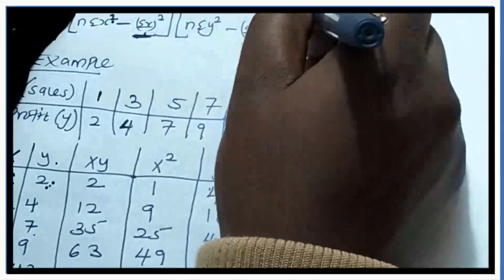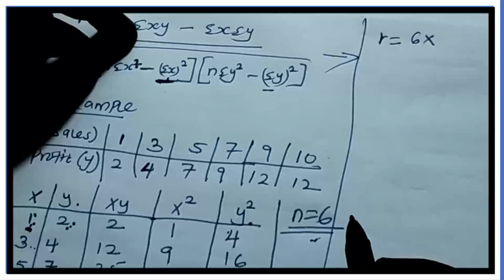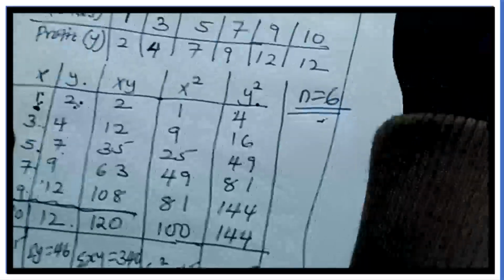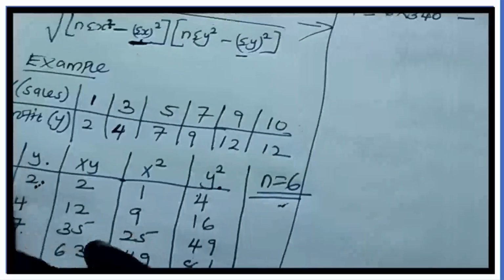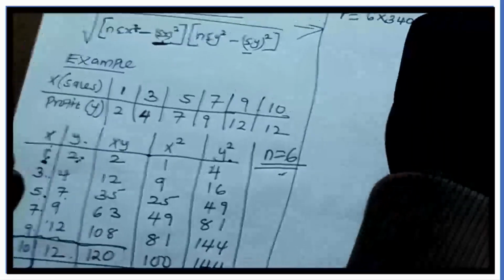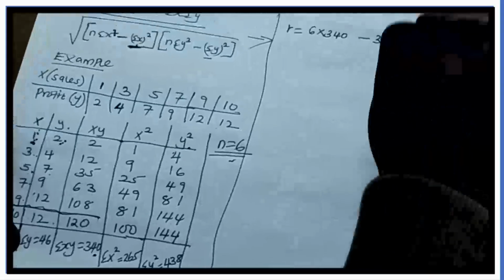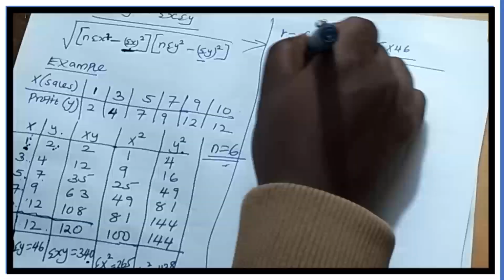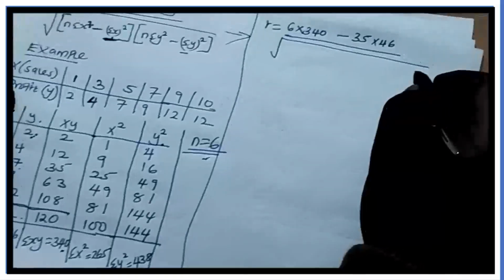So if I was to replace in my formula here, my n will be 6 times the summation of xy. The total of xy here, we got is 340. Minus summation of x, which was 35. The summation of y was 46, so you multiply with 46, all over. Remember we said everything in the denominator is under the square root.